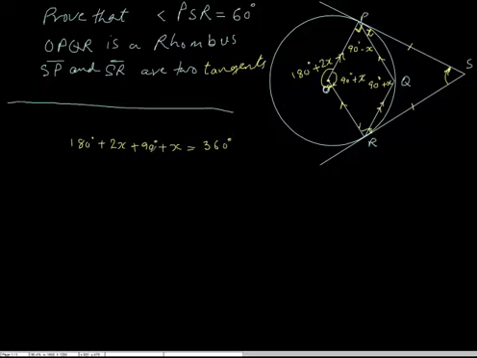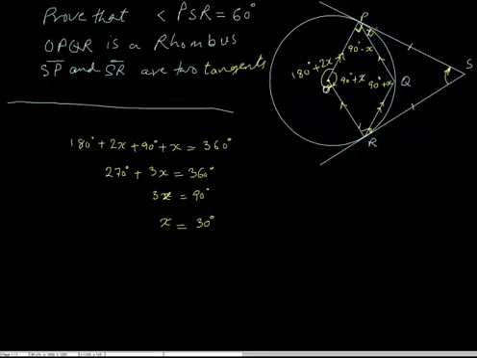Now, 90 and 180 make 270 degrees, and 2x and x make 3x, which is equal to 360 degrees. So take 270 away from both sides, which leaves 3x equals, what is 360 take away 270? 90. Now that means my angle x is 30 degrees, because 90 divided by 3 is 30 degrees.